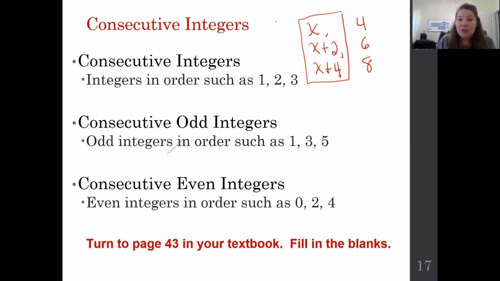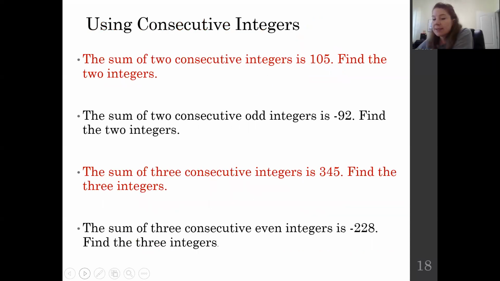And then the expressions would be exactly the same, because if this were 3, the next odd integer would be 3 plus 2, which is 5. And then we would have 3 plus 4, which is 7. 3, 5, and 7. So the expressions don't change for odd or even. Okay, now let's look at some problems.